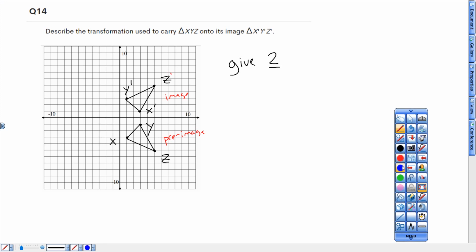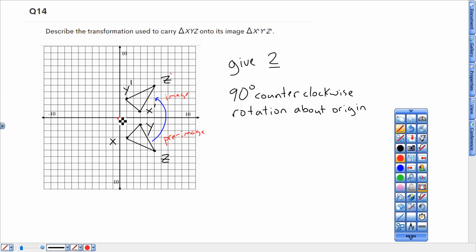I could do a quarter turn to the left. So one possible transformation would be a 90-degree counterclockwise to the left. Counterclockwise rotation. And we say rotation about the origin, because these rules are spinning always around the origin. That is our center point here for the way we're doing rotations.